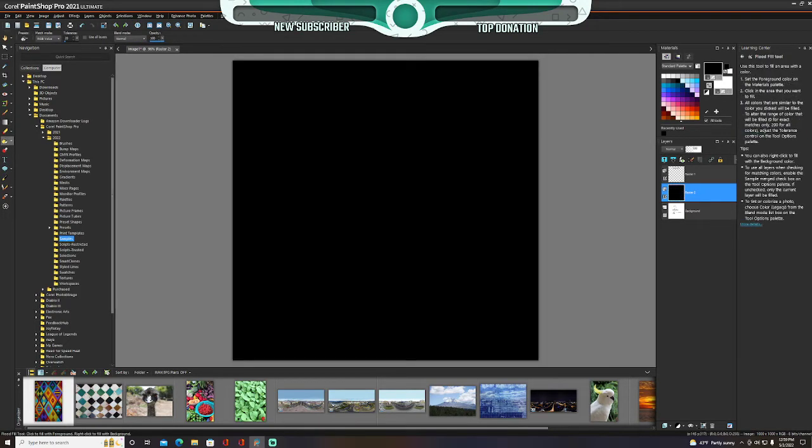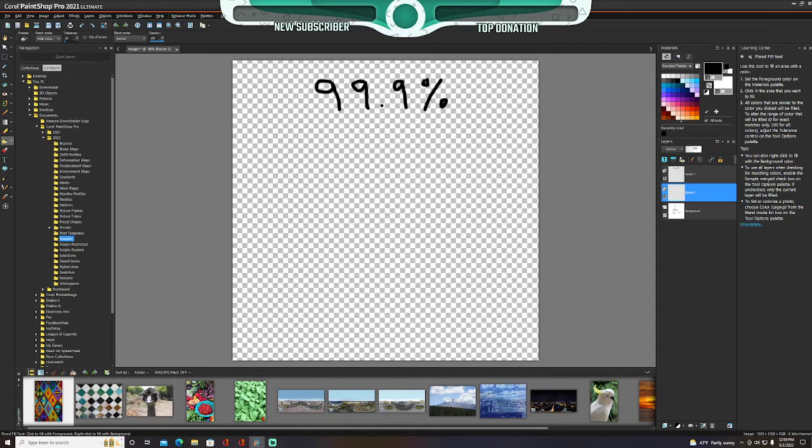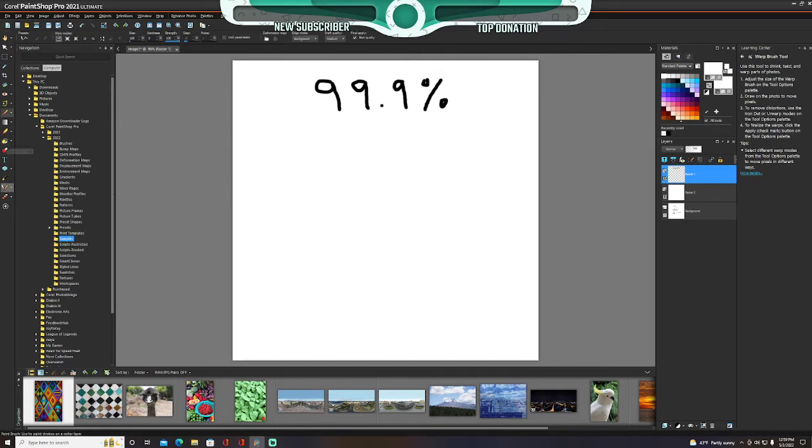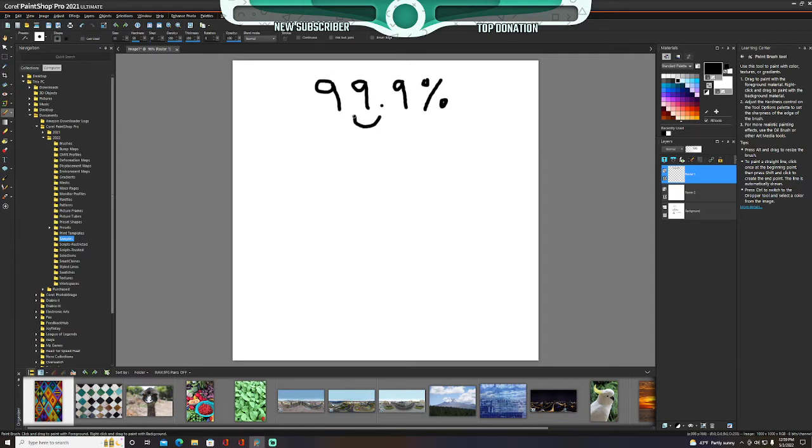Okay, so we got the paint bucket. I need to do the background here a different color. Okay, so what this breaks down to is, remember in math they always said move the decimal over two places to write it as a fraction.